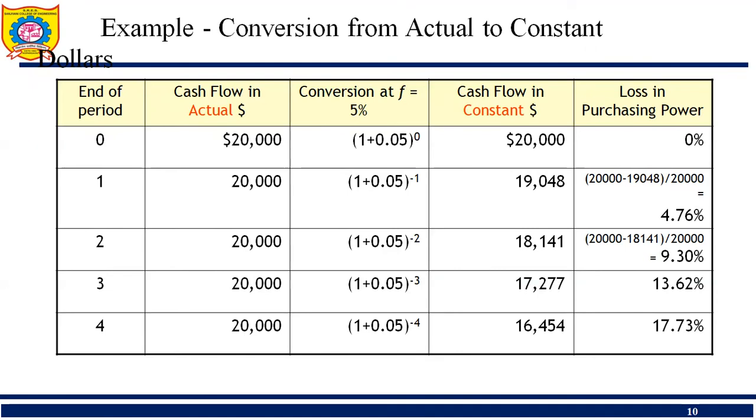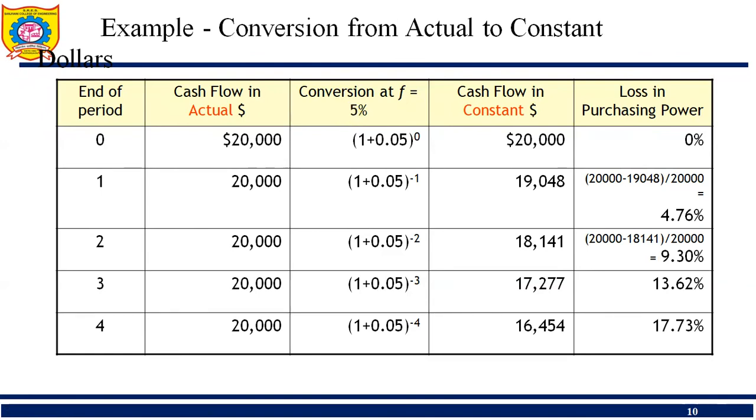Then this table shows the figures for conversion from the actual dollar to the constant dollar. Here the end of period is from 0 to 4. Cash flow in actual dollar starts from 20,000, and here the conversion is at f equals 5%, that is, inflation occurs at 5%.